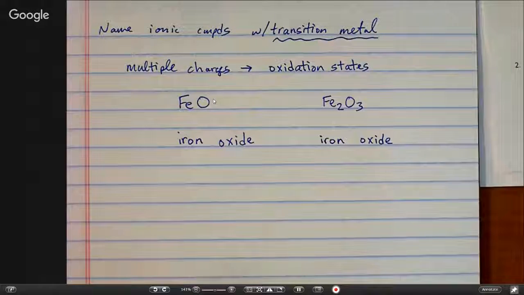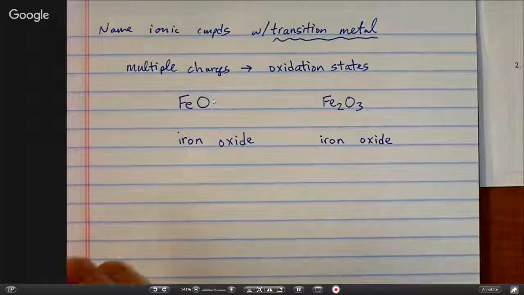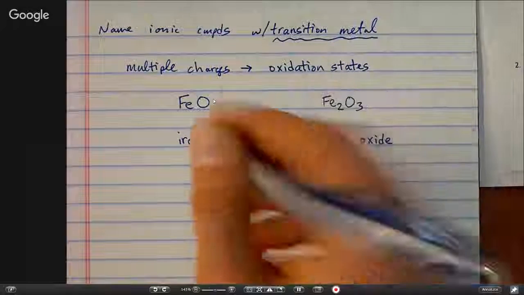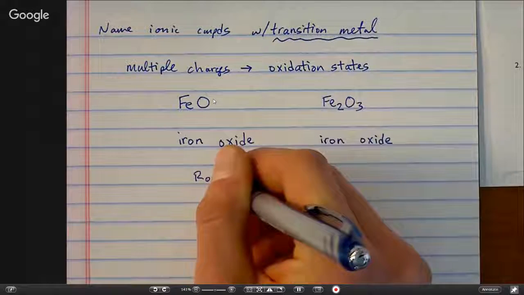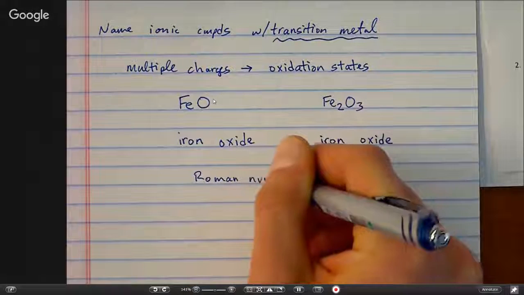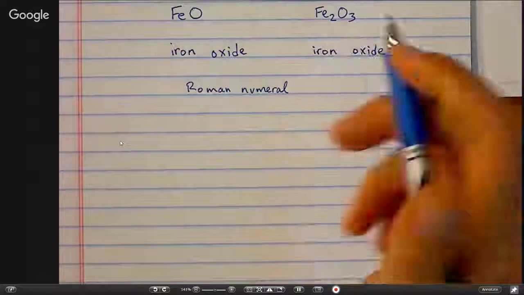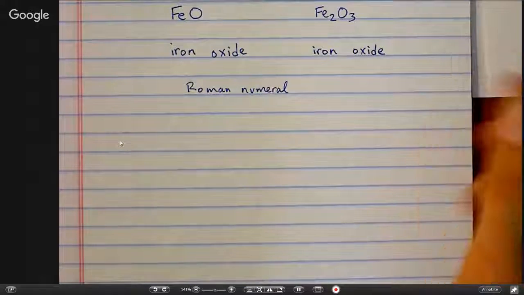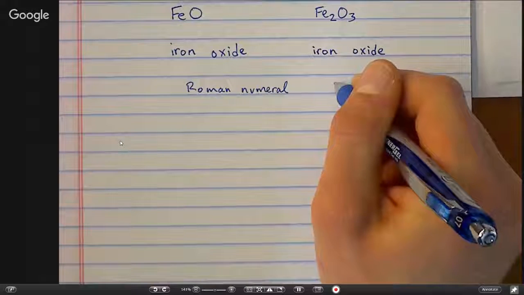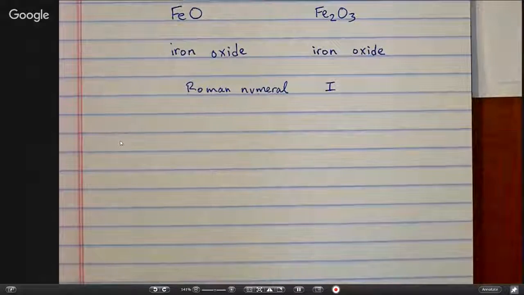So what we do in the case where a metal can have multiple charges is we use a Roman numeral to indicate what the charge or oxidation state may be. A lot of folks seem to forget what the Roman numerals are, so we'll label them here.